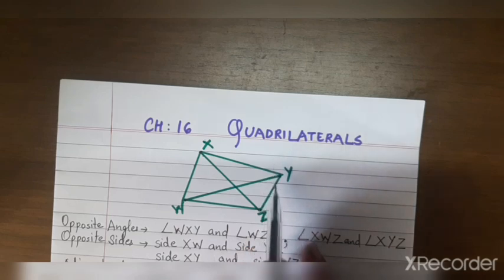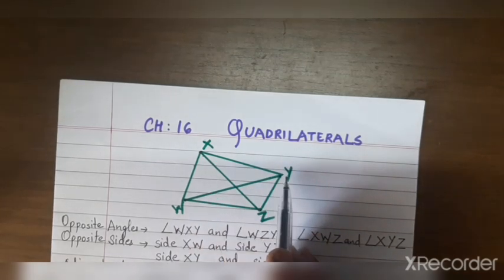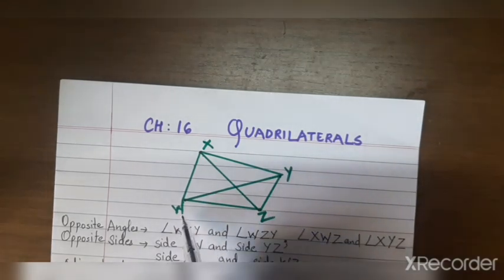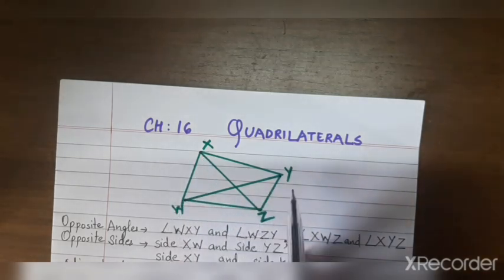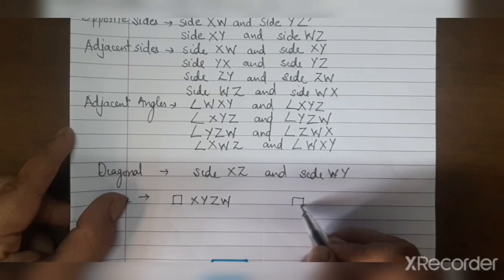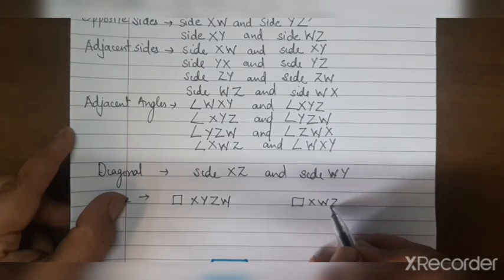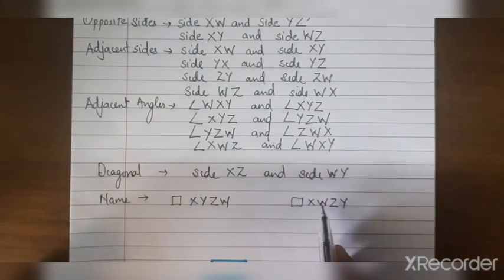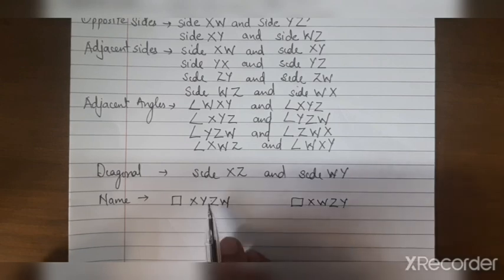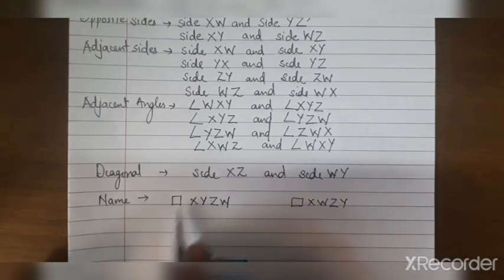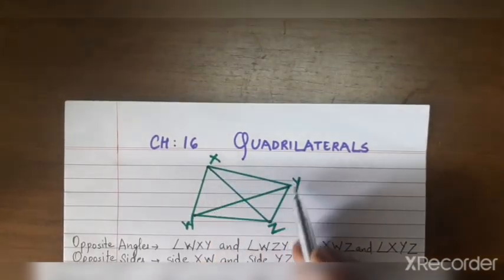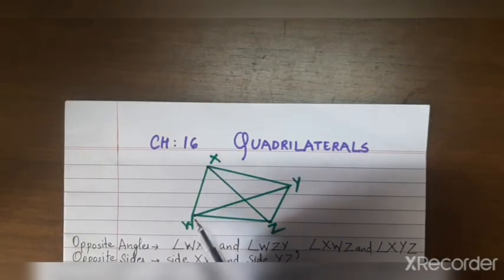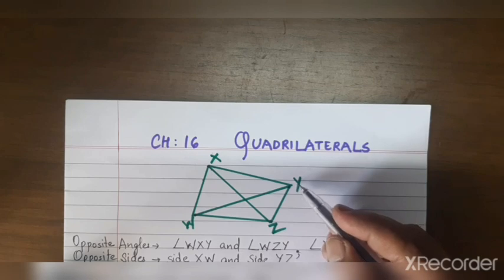So clockwise I named one, that is X, Y, Z, W. And what will be anti-clockwise? X, W, Z, Y. So one clockwise, one anti-clockwise. You all will name others. So you should get altogether 8 names. The other clockwise is start from Y now.